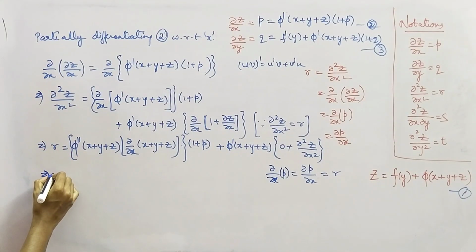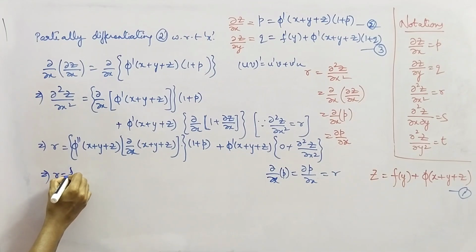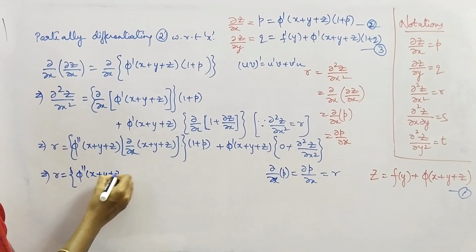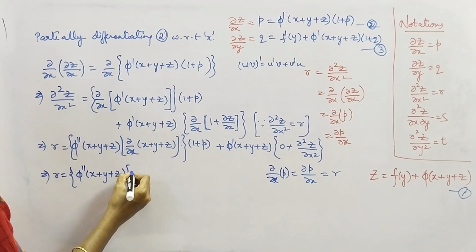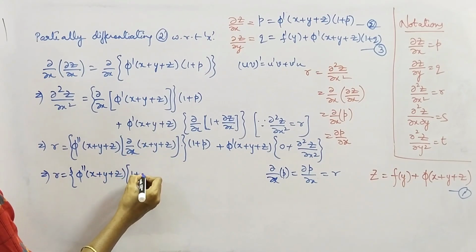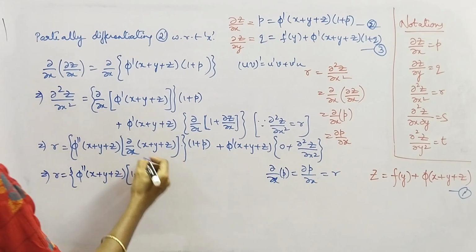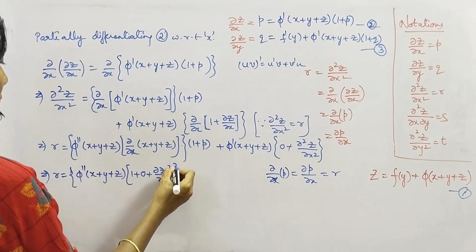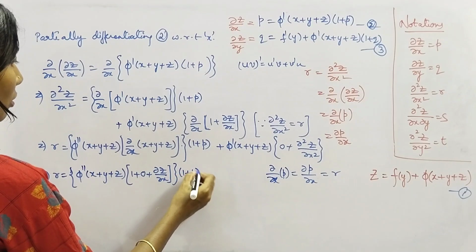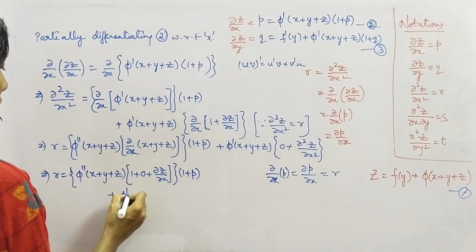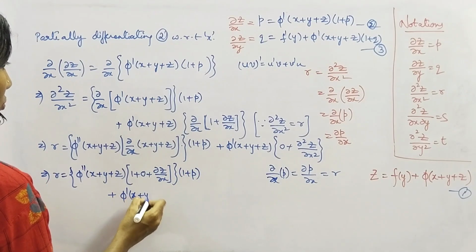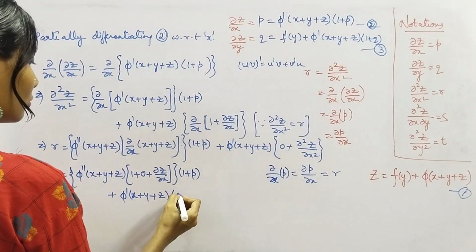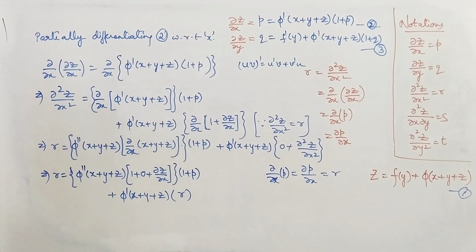Fine, now this gives us r equal to phi double dash of x plus y plus z into partial derivative of x with respect to x is 1 plus partial derivative of y with respect to x is 0 plus partial derivative of z with respect to x is dou z by dou x, which can be replaced by p here, into 1 plus p plus phi dash of x plus y plus z into r. Right?